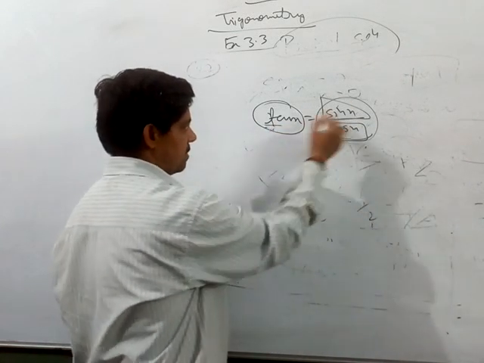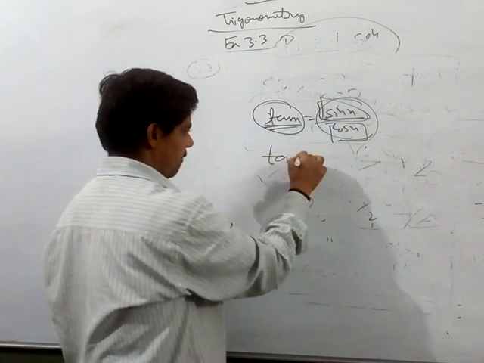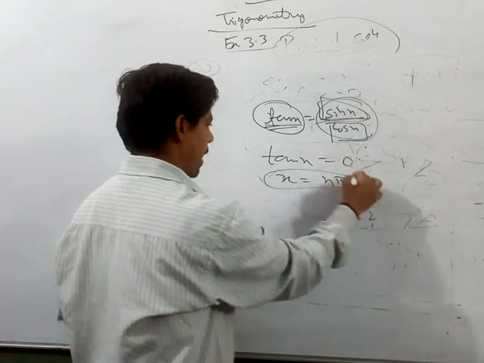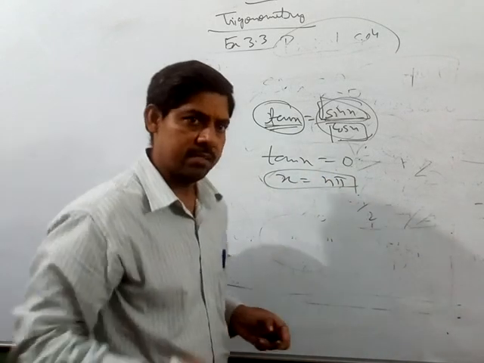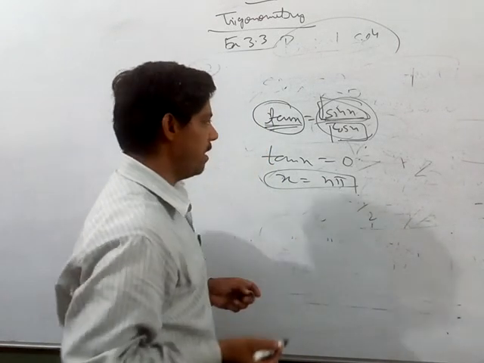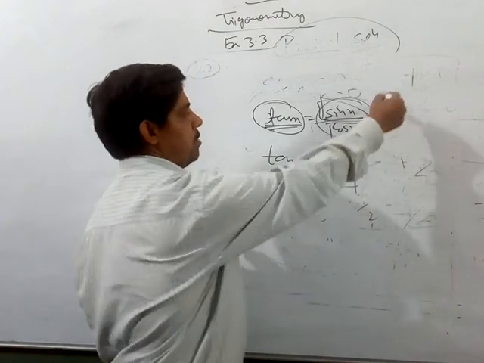So if tan x is equal to 0, again we can write x is equal to n pi. What about cosec x, sec x, and cot x? Those three ratios are automatically converted into sin, cos, and tan, and you need not solve them separately.